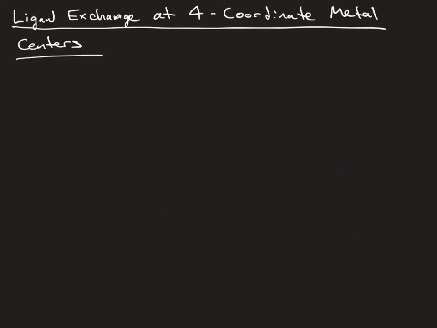We're now going to talk about ligand exchange at 4-coordinate square planar metal sites. In these cases, these almost exclusively go through associative type mechanisms. So we're going to look at the reaction of square planar platinum 2 compounds displacing an X ligand for a Y ligand.